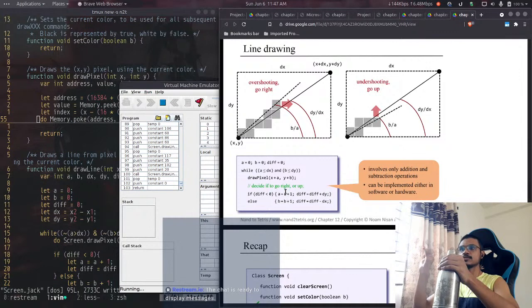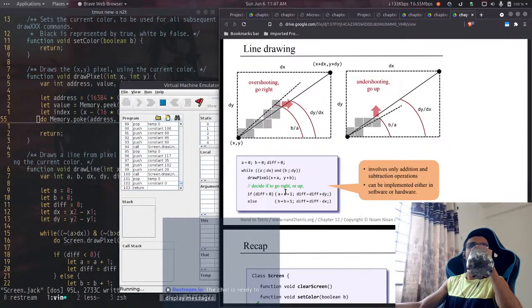So based on that we need to figure out where the line is going out of 4 plus 4, 8 directions.